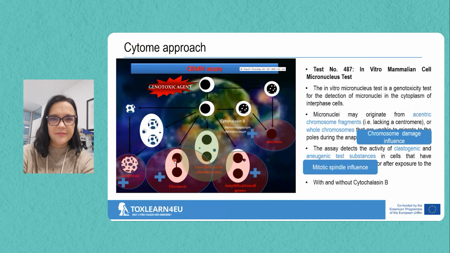You can also see nucleoplasmic bridges. That is actually a biomarker of a dicentric chromosome that is shared between two daughter nuclei. And you can also measure the frequency of cells in apoptosis, that is programmed cell death, when the cell has too much damage that cannot be repaired.